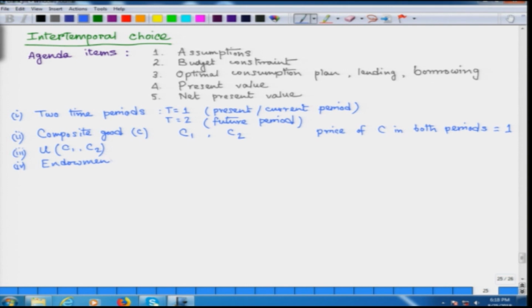So, you can assume that this is the money income level given for 2 time periods, and these are M1, that is the money income given in period 1, and then there is M2, that is the money income level given for period 2. Now, let us first construct the budget constraint.